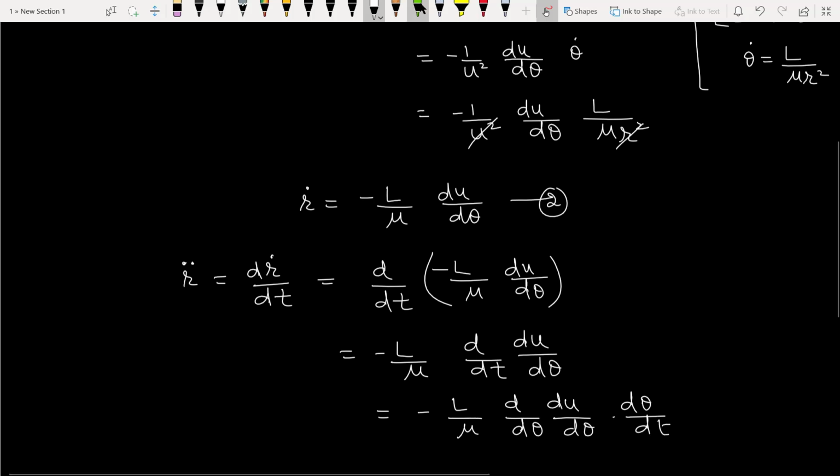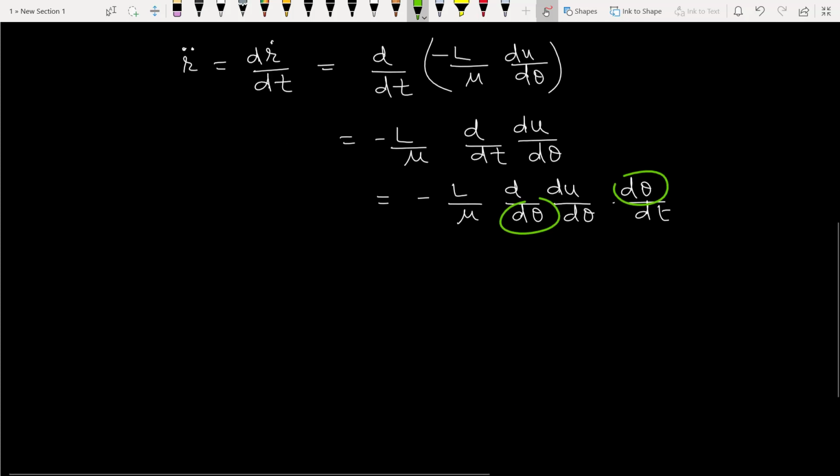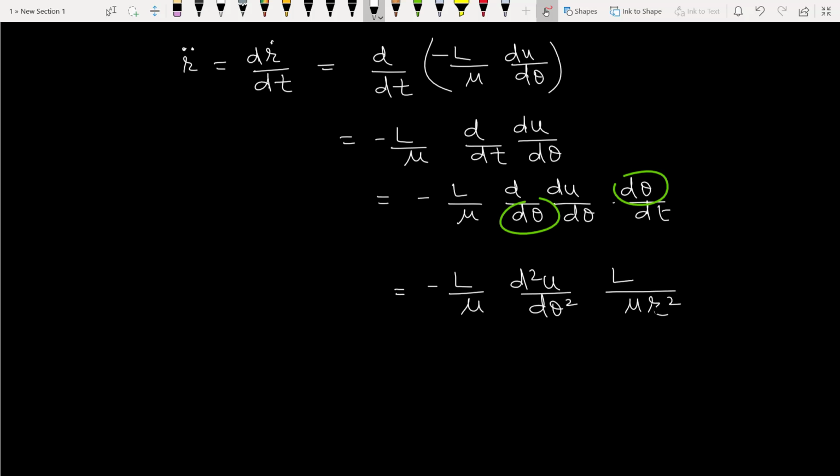So now we will have minus L upon mu d2u upon d theta 2 into theta dot, and its value is L upon mu r square. As r is equal to 1 by u, when we solve this, it is minus L square u square upon mu square d2u upon d theta 2. This is r double dot.